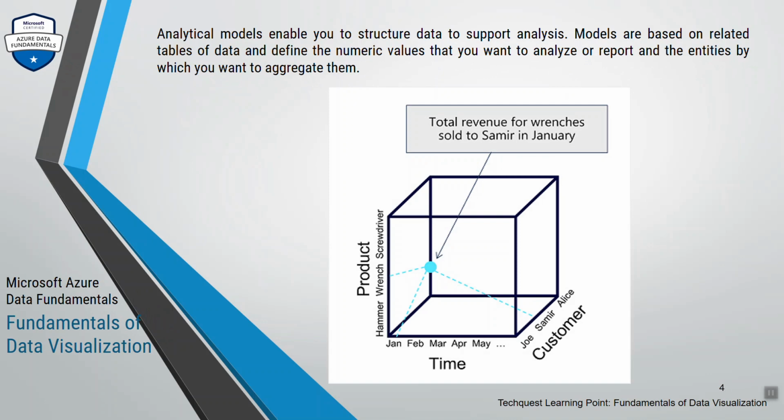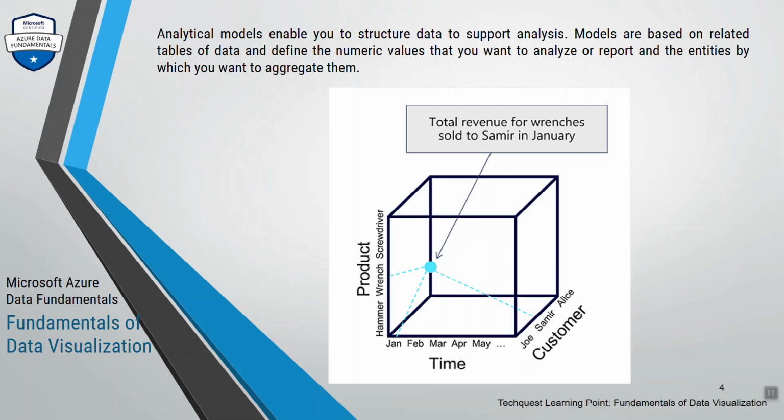For example, a model might include a table containing numeric measures for sales, such as revenue or quantity, and dimensions for products, customers, and time. This would enable you to aggregate sales measures across one or more dimensions. For example, to identify total revenue by customer or total items sold by product per month.